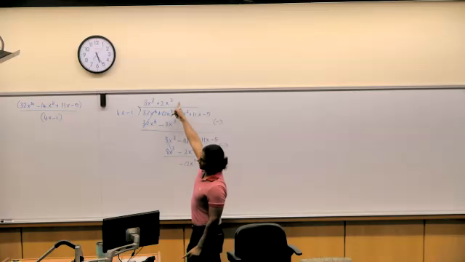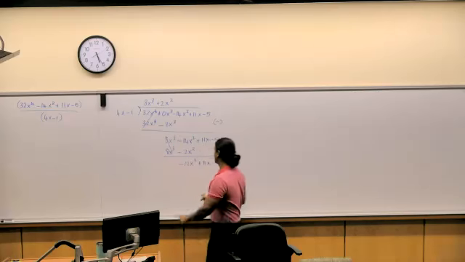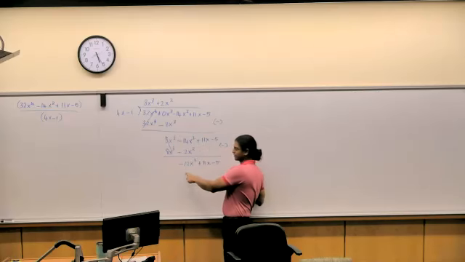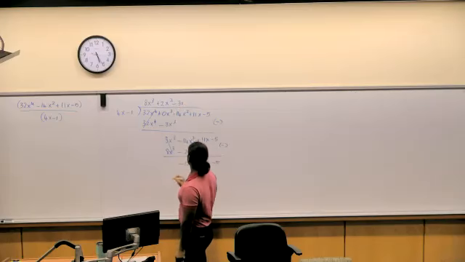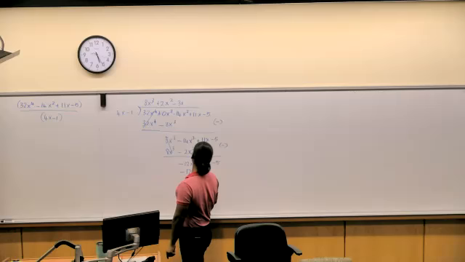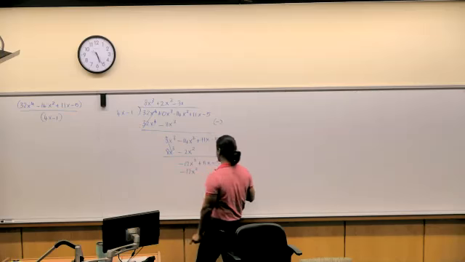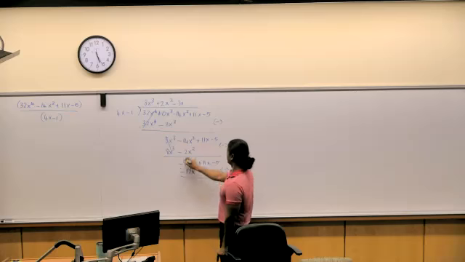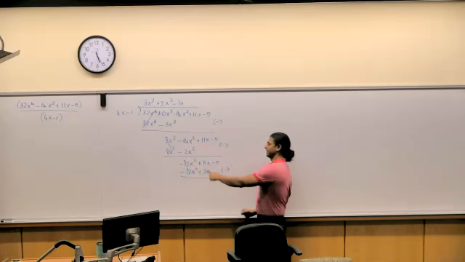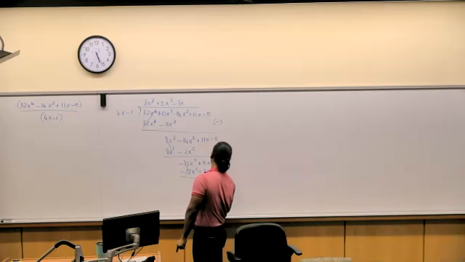I've got to put something here so that when I multiply with 4x, I should get negative 12x squared. So minus 3x. Minus 12x squared, minus 3x times minus 1, plus 3x. Subtract. Those two would go away. 11x minus 3x is 8x.